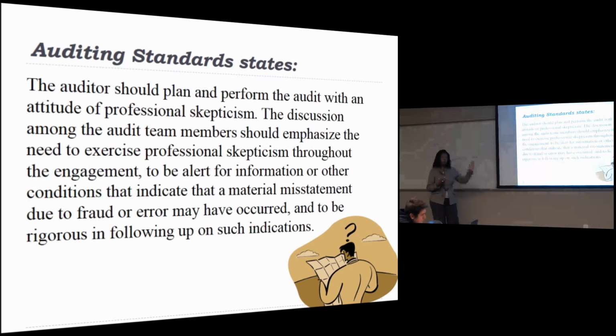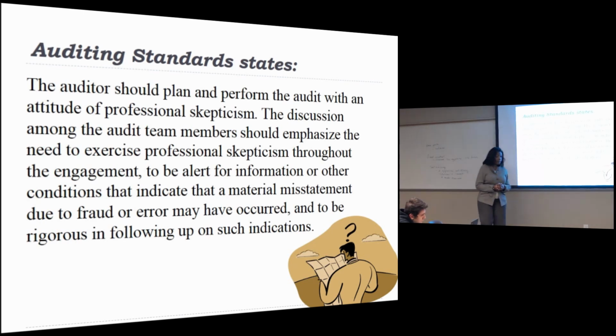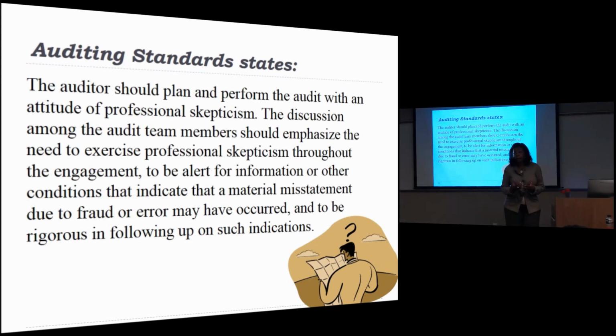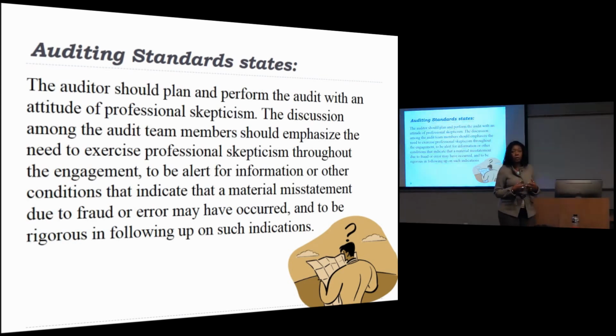If you look at some of the PCAOB reports that they've issued after auditing the auditors, they talk a lot about professional skepticism, and that the auditors did not demonstrate a sufficient level of professional skepticism.